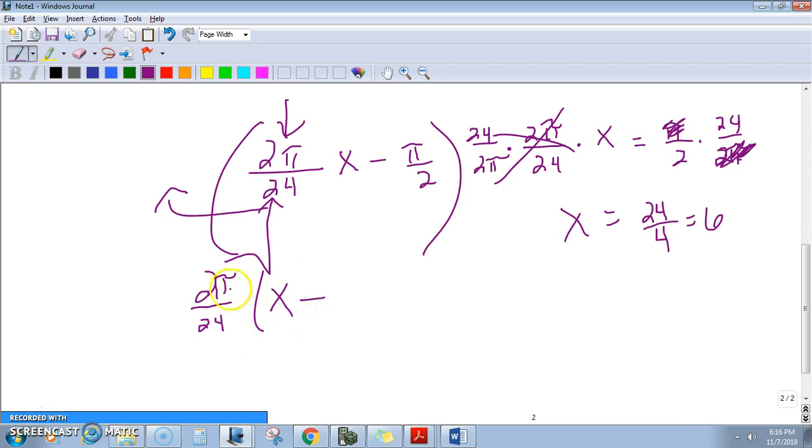So a lot of you wrote it as 2 pi over 24 times x minus 6. And if you wrote it this way, you probably didn't do what I did. You probably knew you had to move it 6. So we changed our frequency on the outside to be 2 pi rotations over 24 hours, right? That's our frequency, and we need to shift it 6 hours because 6 hours is a quarter of a day, and that's how much we needed to shift it.